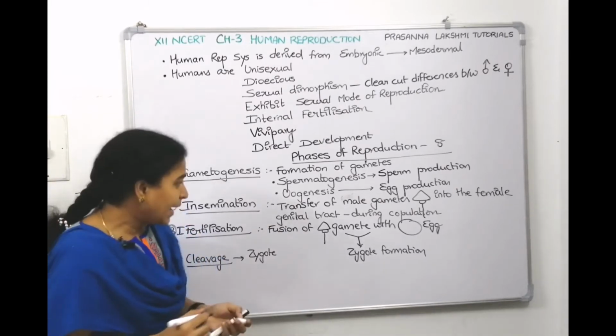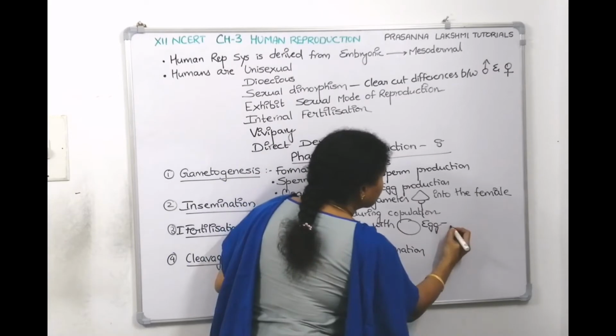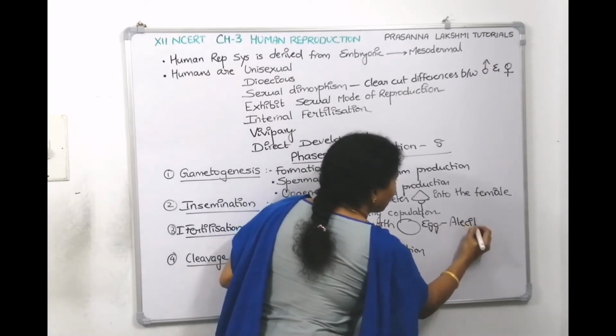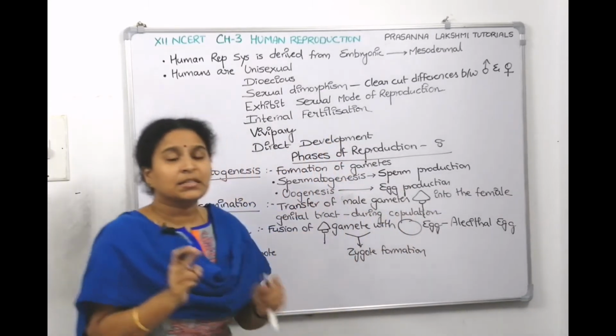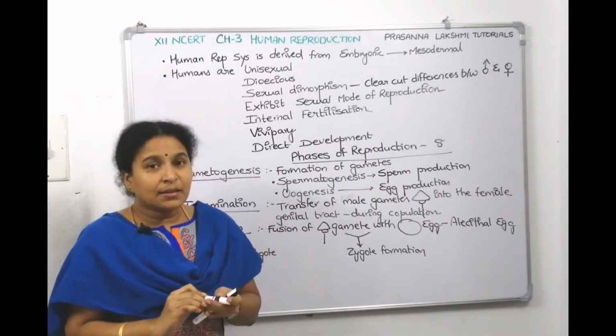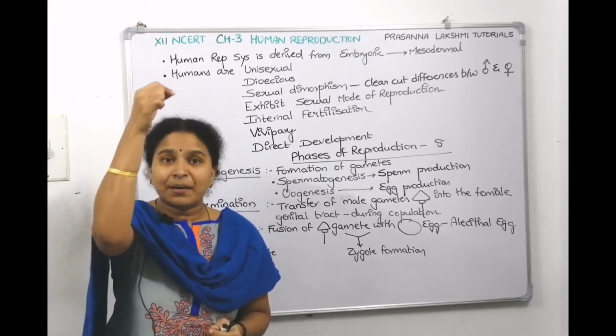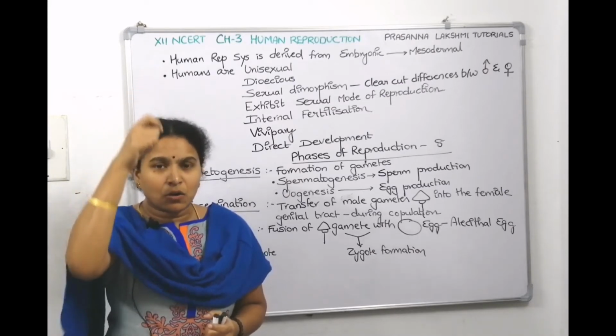Now, the human eggs are alecithal eggs. What do you mean by alecithal eggs? They don't have yolk. If yolk is there, then the cleavage cannot happen from animal pole to vegetal pole because the yolk disturbs; it cannot cross through the yolk.